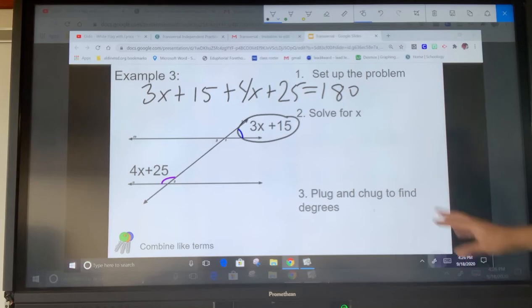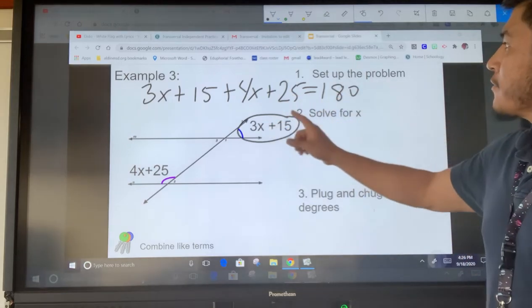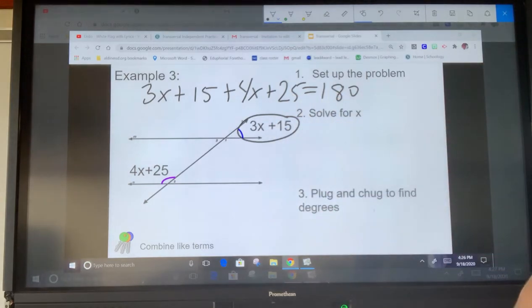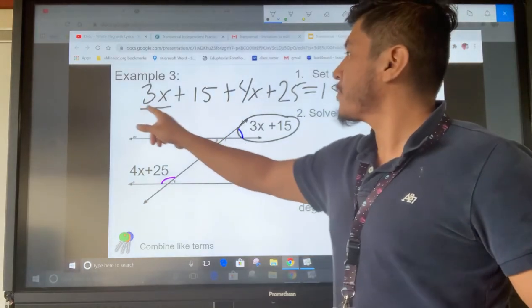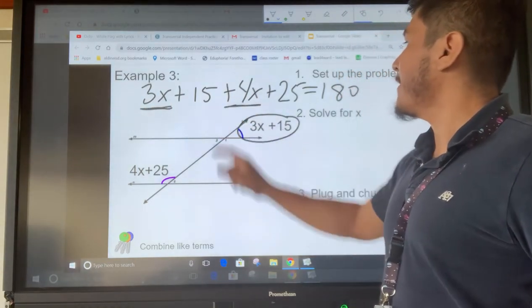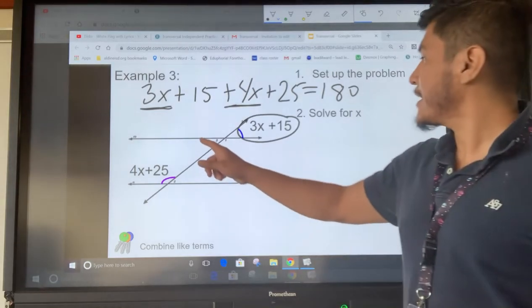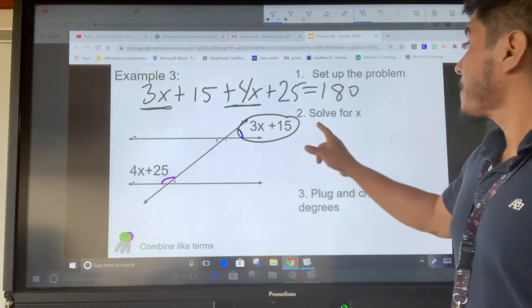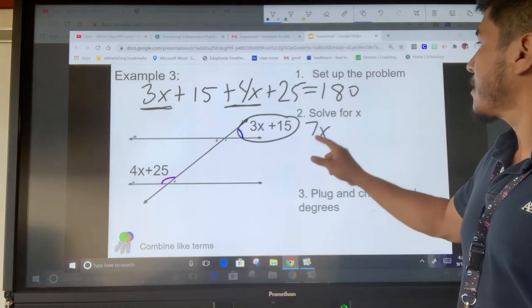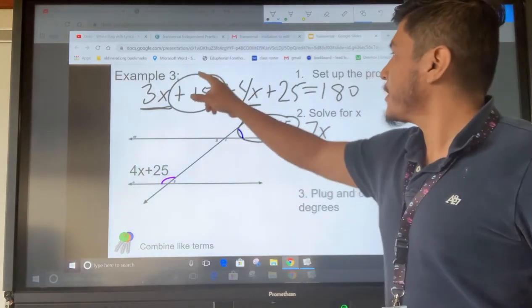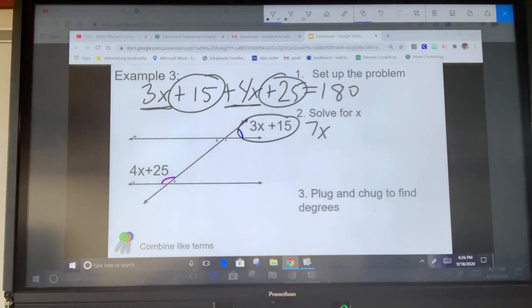It looks a little different, but all you have to do now is look at your like terms. Here we have 3x and 4x. What is 3x plus 4x? That's just 7x. And you've been adding numbers forever: 15 plus 25, that's 40.